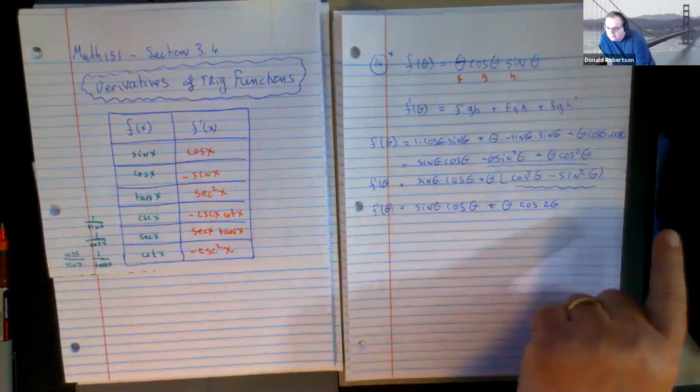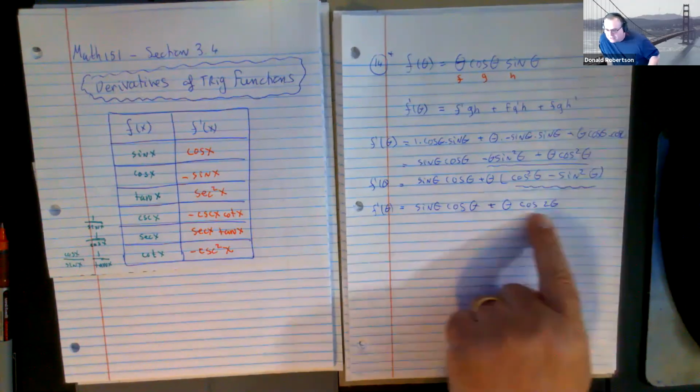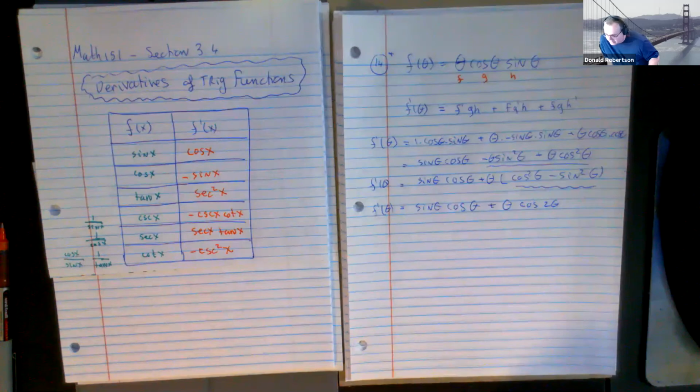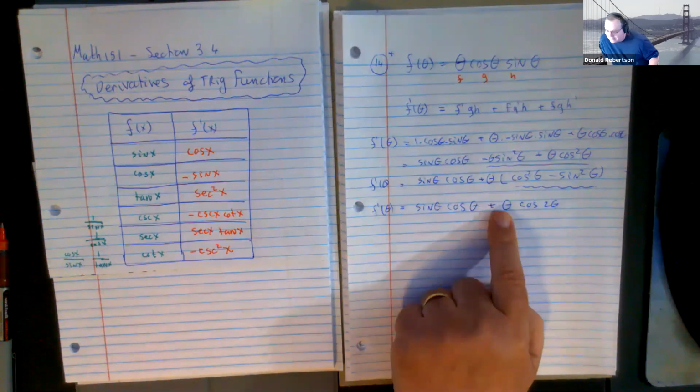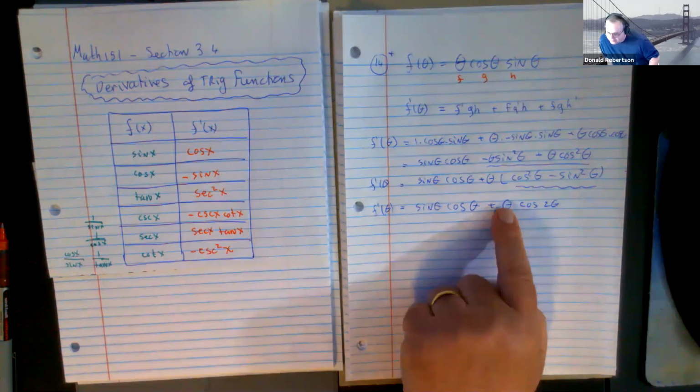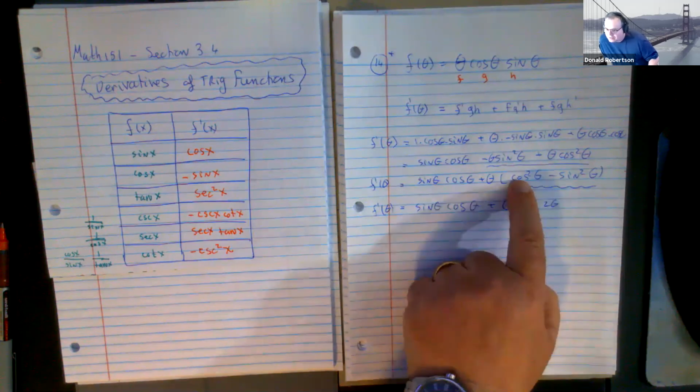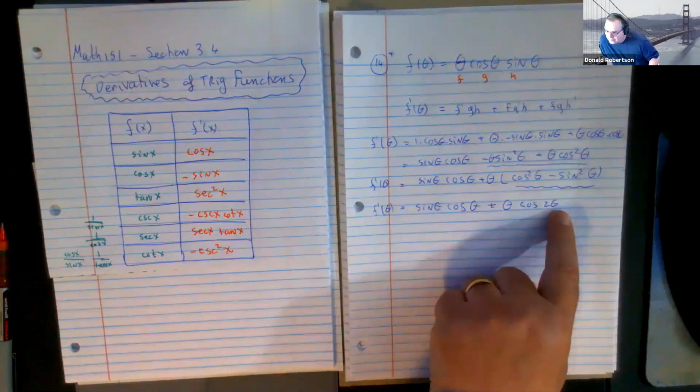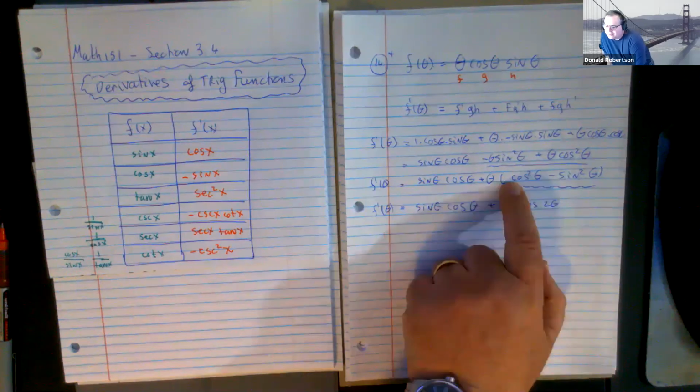That guy and that guy. Would you agree that this one is simpler looking? That's the whole goal of trig style points. If the guy you write down has less stuff in it than the guy you had before, then you have done some style point to it.